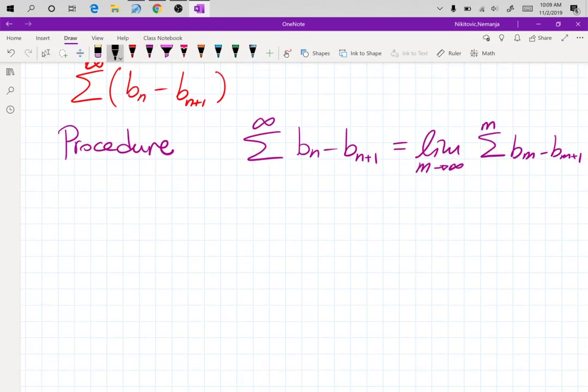So let's go with the example of the summation of 1 over n minus 1 over n plus 2 from 1 to infinity.